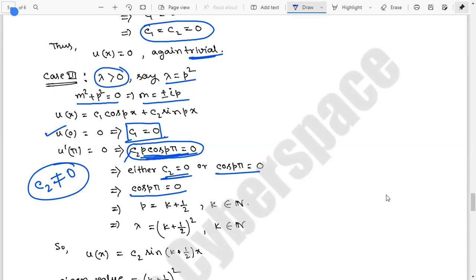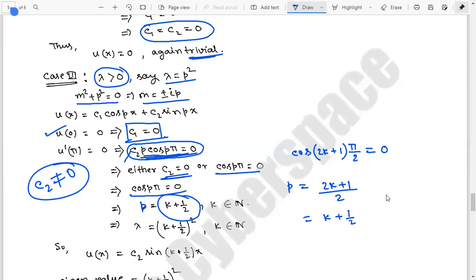That means p will be k plus half. Why? Because cos((2k+1)π/2) = 0, which means p = (2k+1)/2, so this is equal to k + 1/2. So p = k + 1/2, and we have taken λ = p², that means λ = (k + 1/2)².